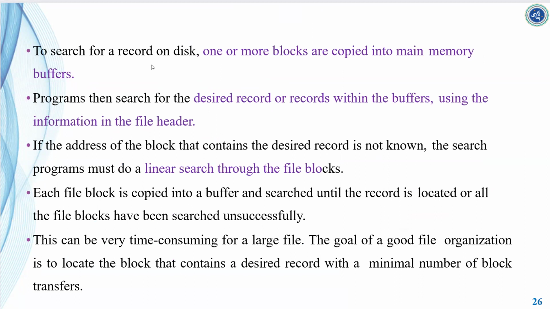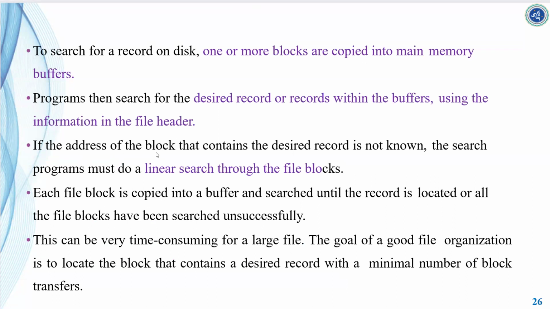If you want to search for a record on a disk, more than one block has to be copied to the main memory buffers. There are programs that search for the desired record within these buffers using the information in this file header.